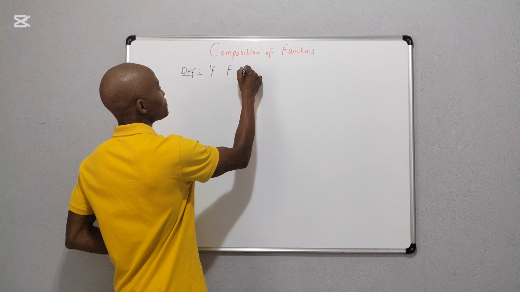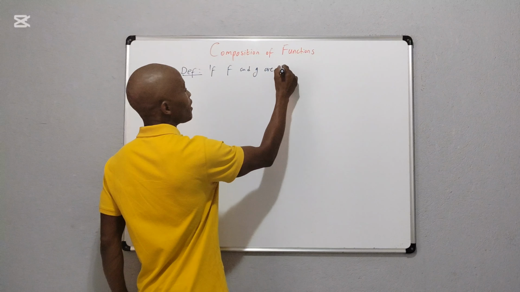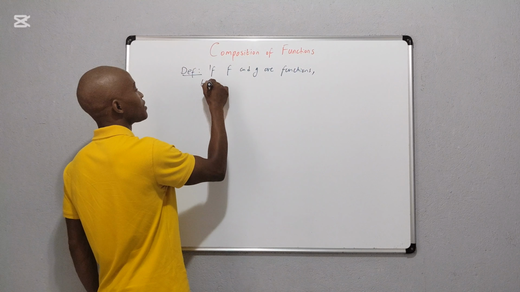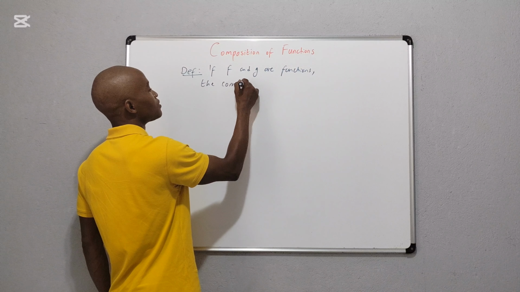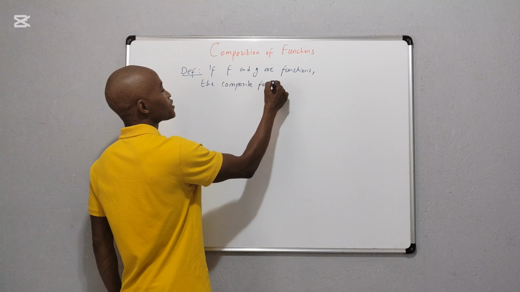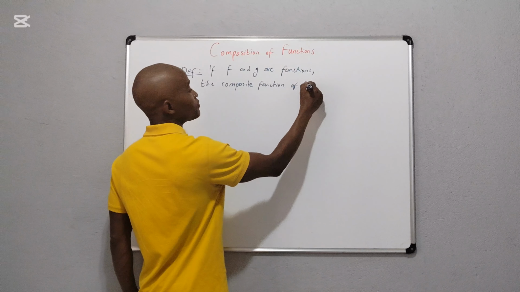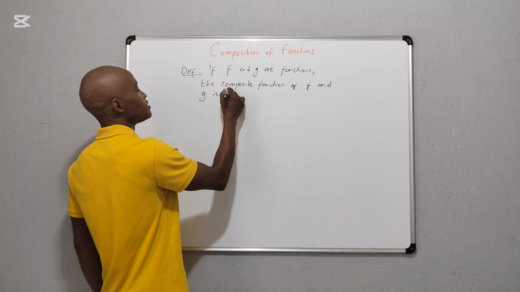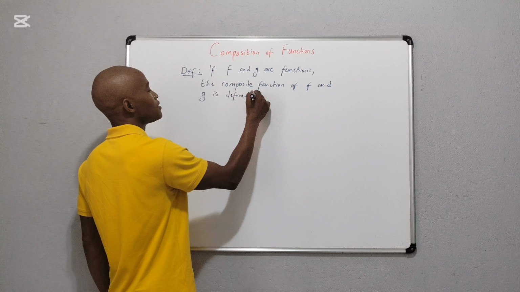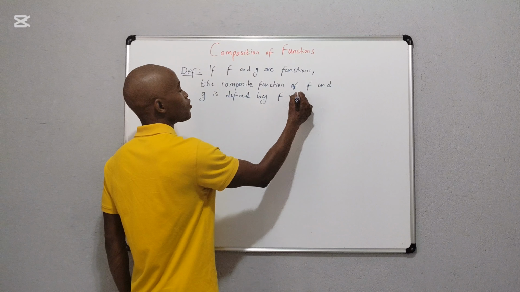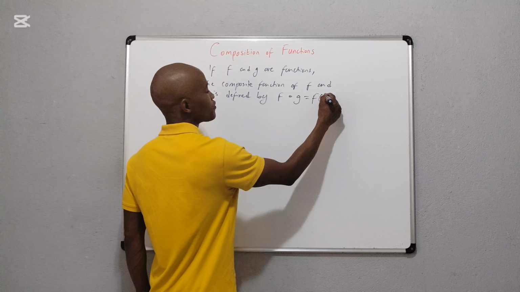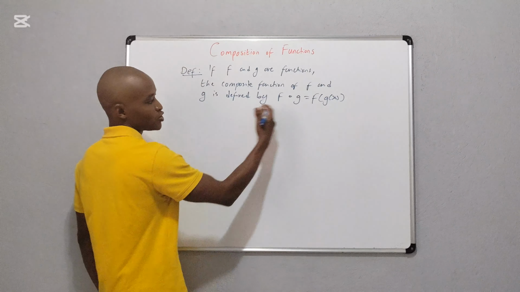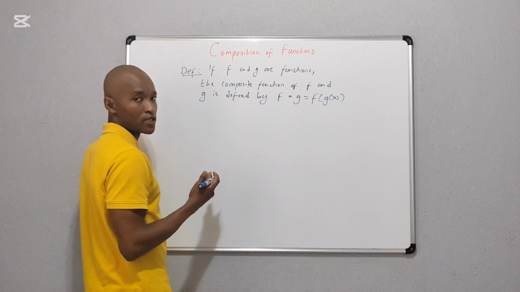If f and g are functions, the composite function of f and g is defined by f composite g, which is f composed of g, right? And that is basically the definition.